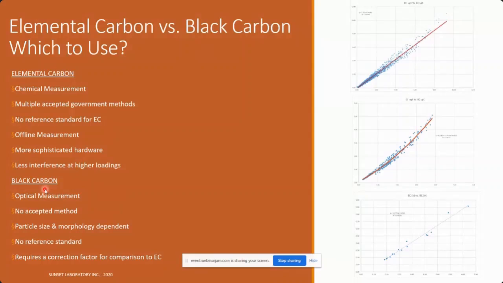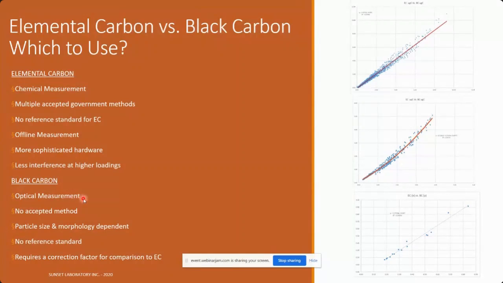Optical measurements in black carbon tend to get maximized out, and as soon as the filter gets too black, or too dark, then you lose the ability to make the black carbon measurement. So you have to know when the filter is too dark from collection, have the instrument stop collection, do the analysis, clean the filter, and then proceed to the next analysis.